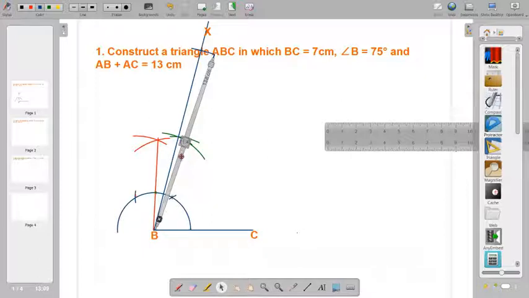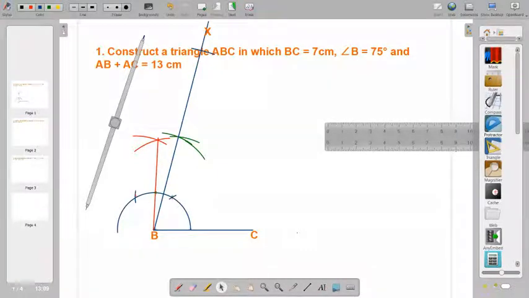It is cutting the BX ray at one point. This point we take as D. Okay, this is D. B, C, this is D.